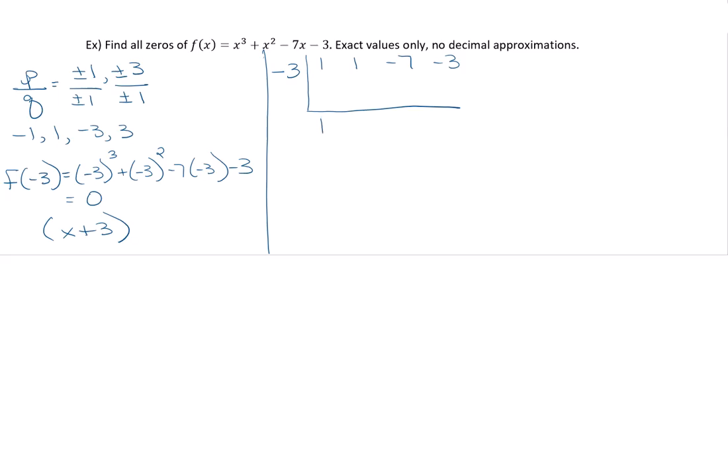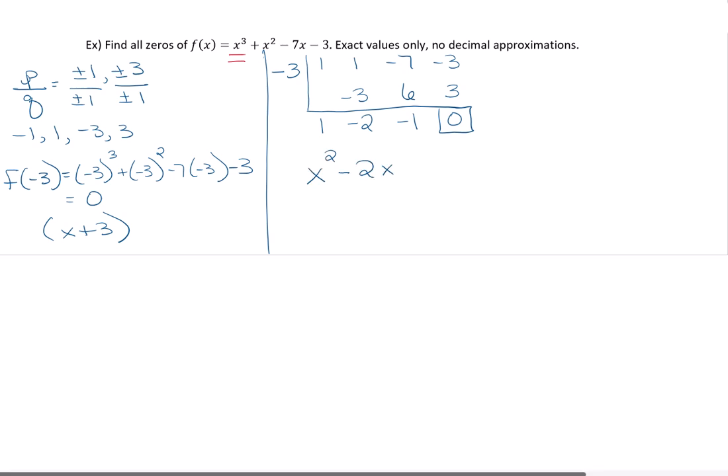Bring down the 1, multiply, bring up -3, get -2, multiply, get a 6, bring it up, get -1, -3 times -1 is 3, and we get a 0. So yes, we have a remainder of 0. We started with an x cubed, so that means this would be 1x squared minus 2x minus 1.